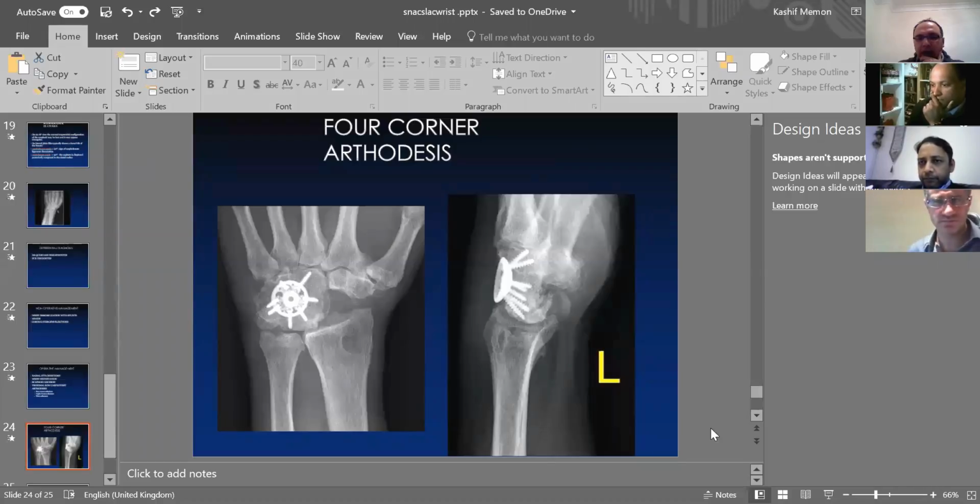Okay. And there is one more question, which I think is important, from Damo, about patients in the clinic. If they present with a scaphoid non-union, do they all progress to SNAC? The disease progression is very variable.